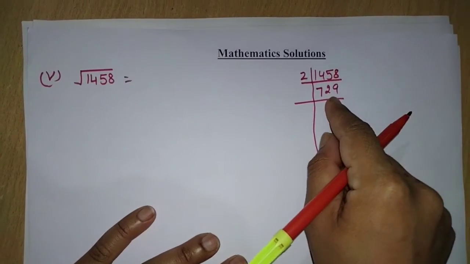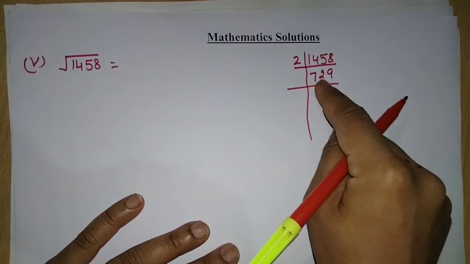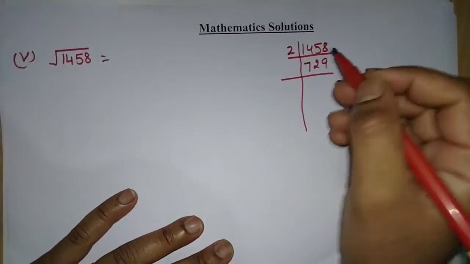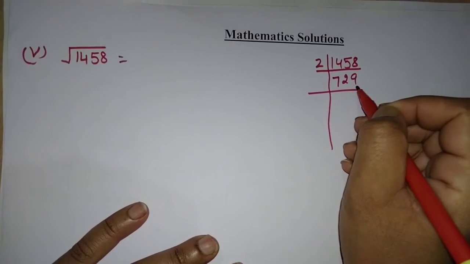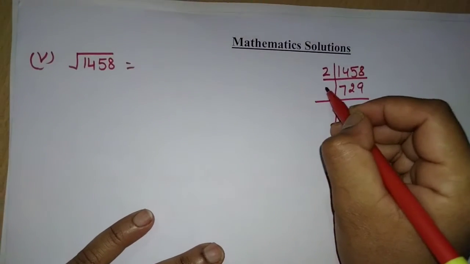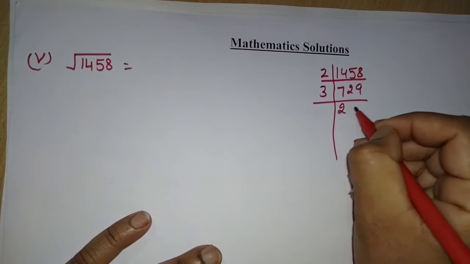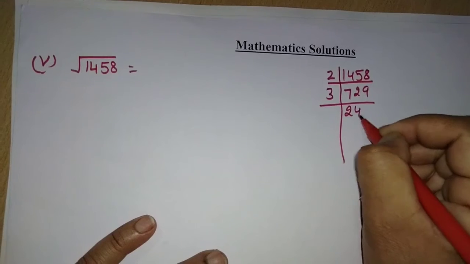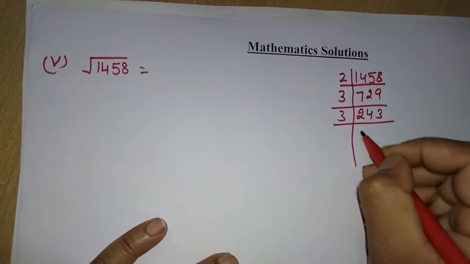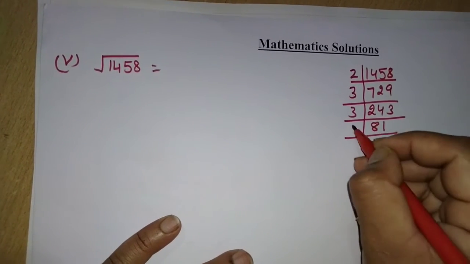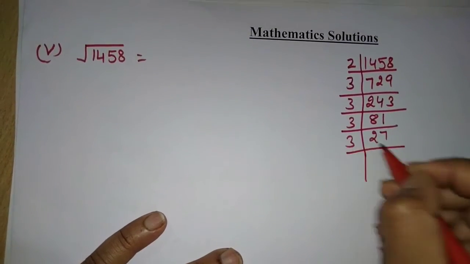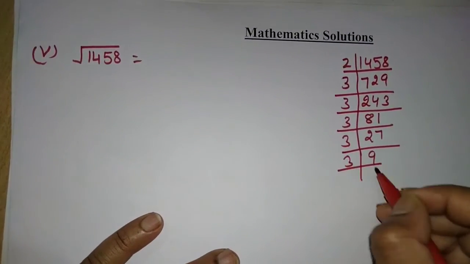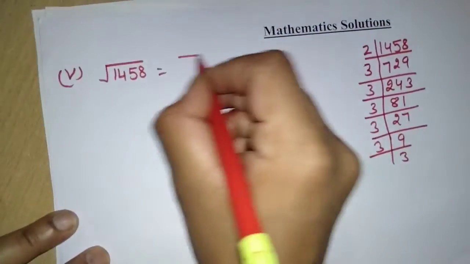In part 1 of question 4, we found the square root of 729. So we can quickly find the prime factors of this number. Here 3 2s are 6, 3 4s are 12, 3 3s are 9, 3 8s are 24, 3 1s are 3, 3 2s are 6, 3 7s are 21, 3 9s are 27, 3 3s are 9.